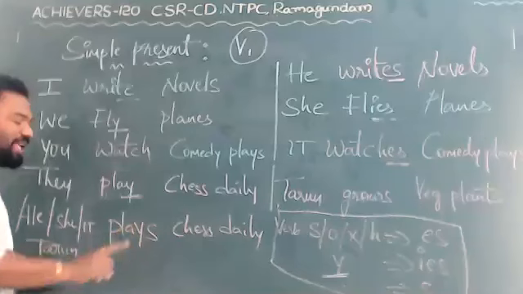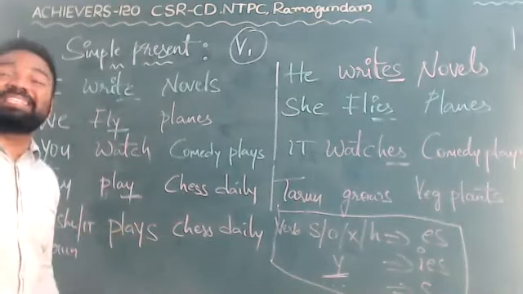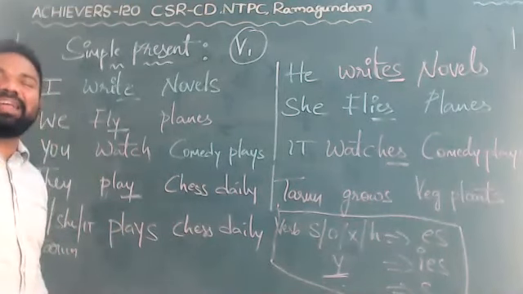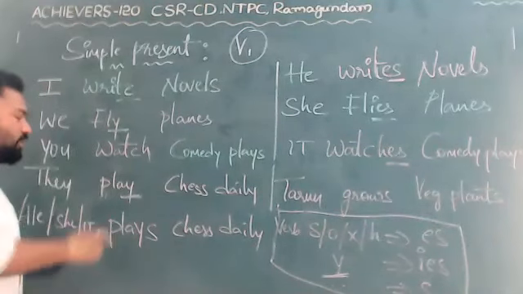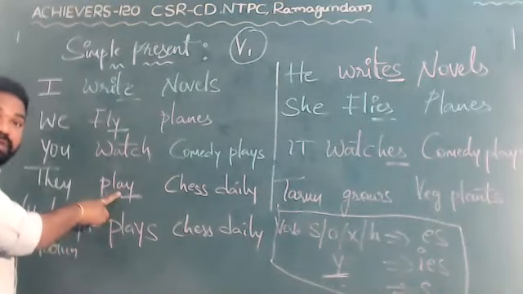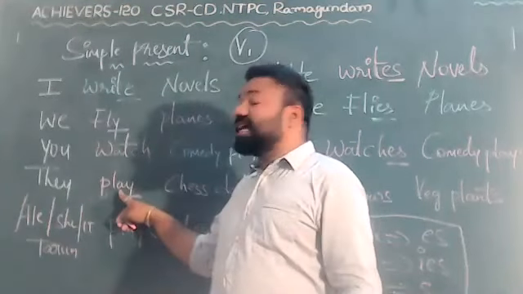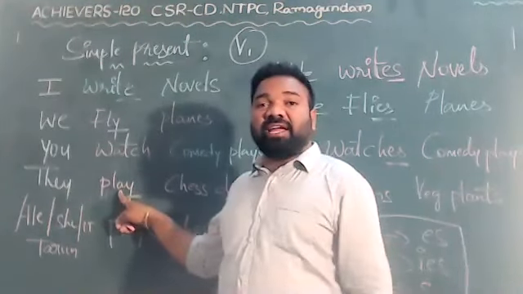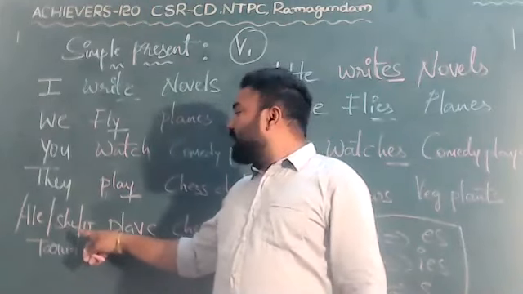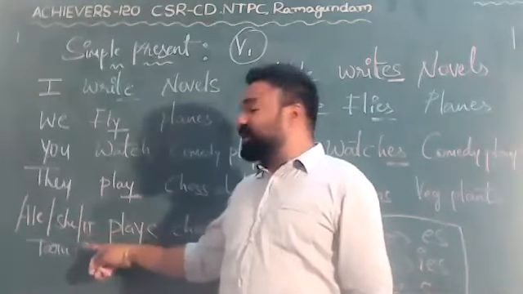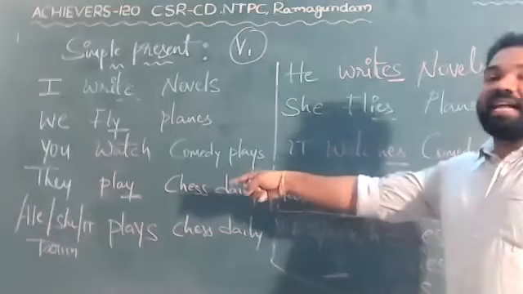We should use only s. He, she, it, Tharun plays chess daily, but not plaies daily. There is no word we can use in English language like that. So you have to observe this one as well. What do you have to observe? Whether there is any vowel before the y which ends the verb. So even though third person singulars are special, this rule is not applicable in that scenario.